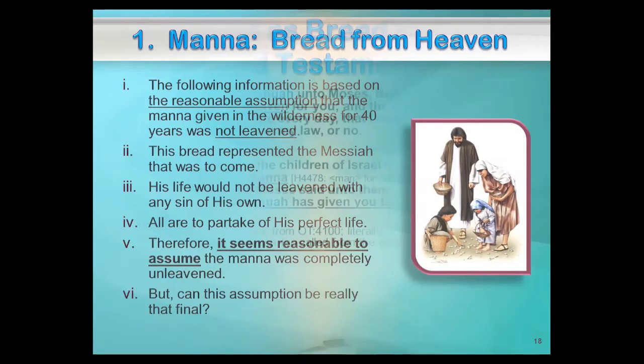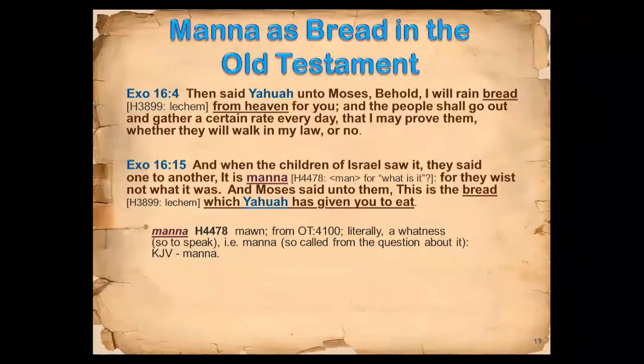Well, let's look at manna as bread in the Old Testament. We'll look at it in the New Testament as well, but we'll start here in Exodus 16. This is the first time that manna shows up. Then said Yahuwah unto Moses, Behold, I will rain bread, this is lechem, I will rain lechem from heaven for you, and the people shall go out and gather a certain rate every day, that I may prove them, whether they will walk in my law or no. And when the children of Israel saw it, they said one to another, It is manna.